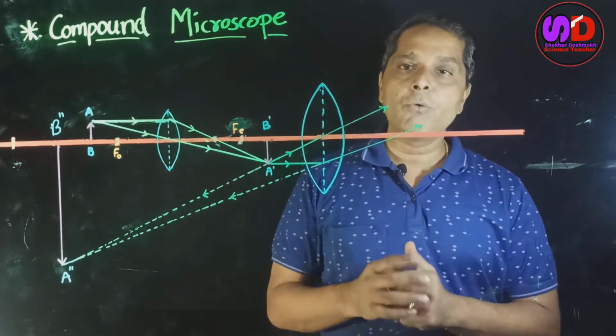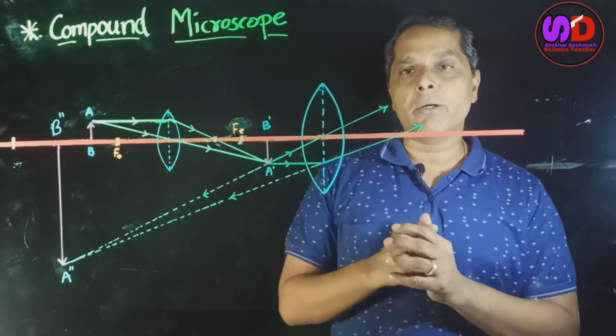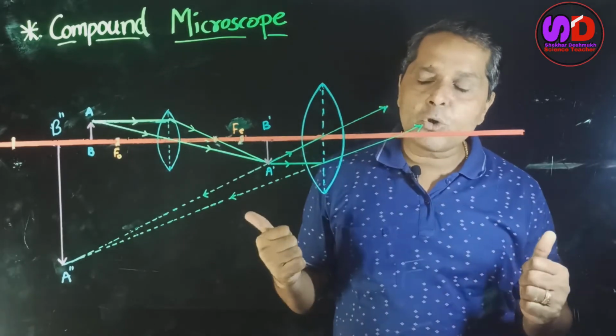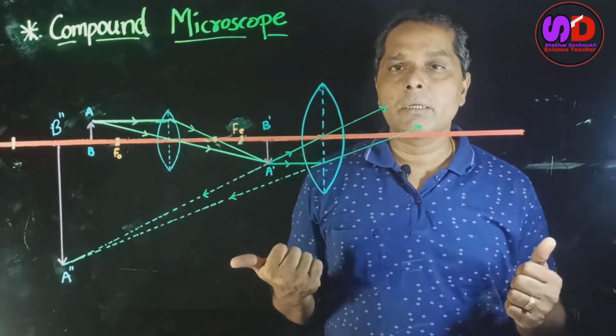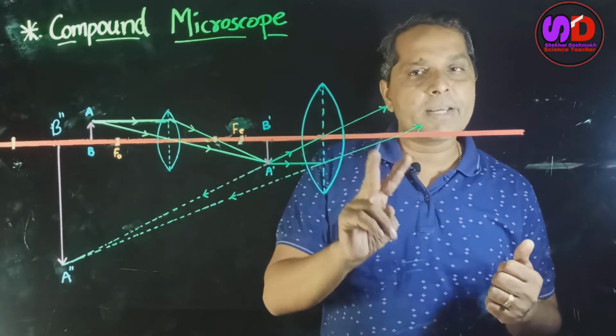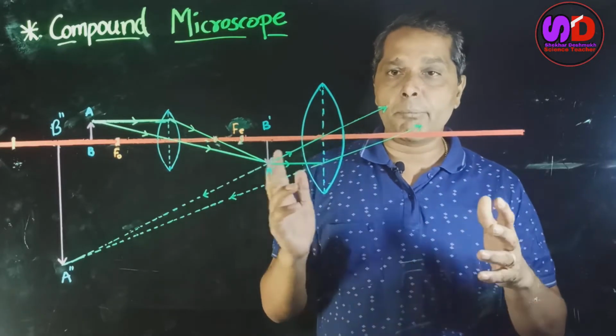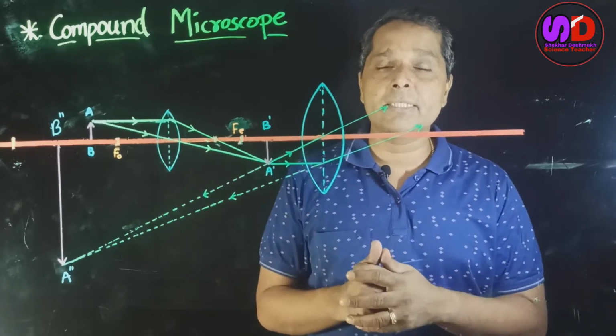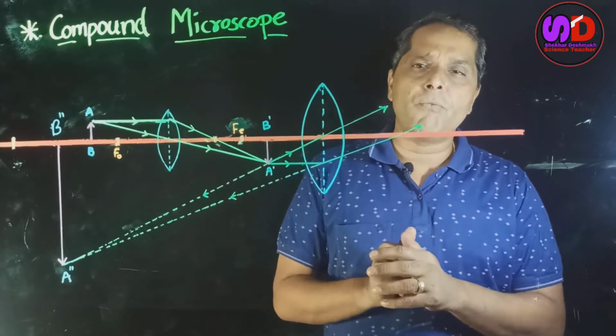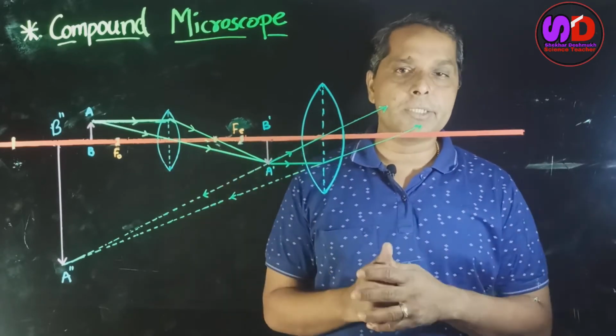So for that we use a compound microscope. A compound microscope is nothing but two convex lenses, and by the combined effect of both these convex lenses we can get a very enlarged, very big image.